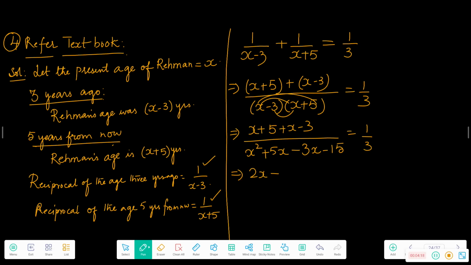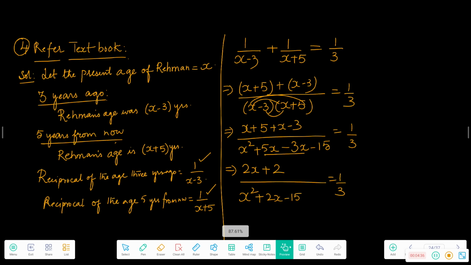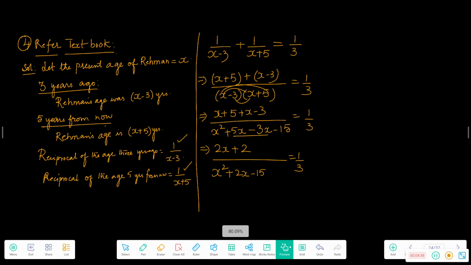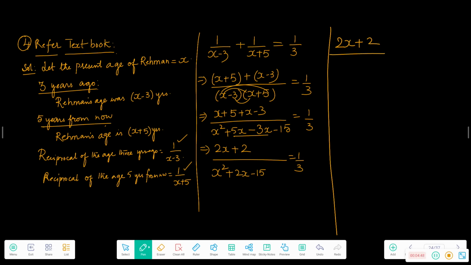So we will get 2x plus 2 divided by x square, 5x minus 3x is plus 2x, minus 15, is equal to 1 by 3.